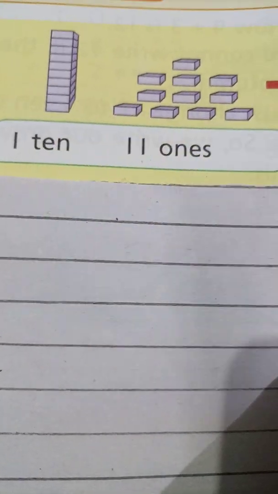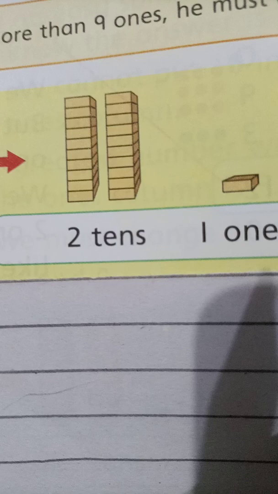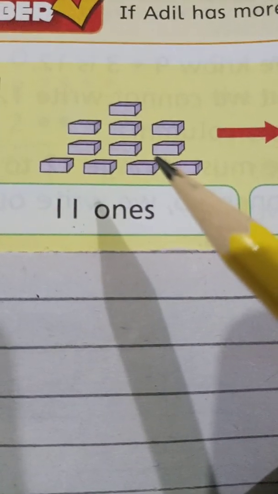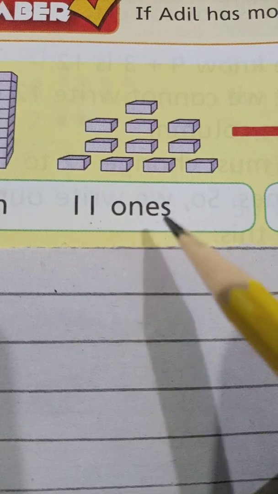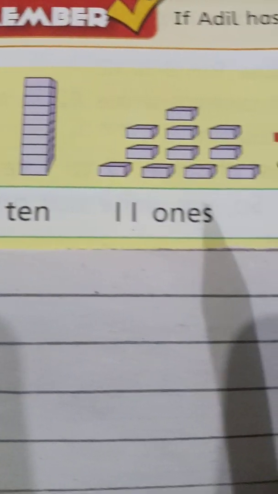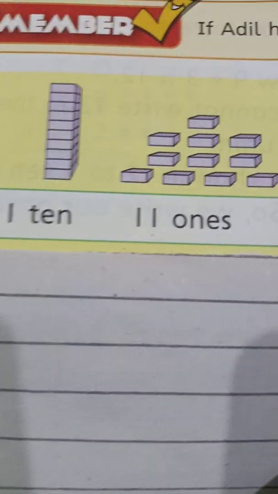Okay, now look at this. We will take 1 in the ones form, and the remaining blocks, that are 10 ones, we will add that 10 into the tens column. Okay, we will add the remaining blocks into the tens column.